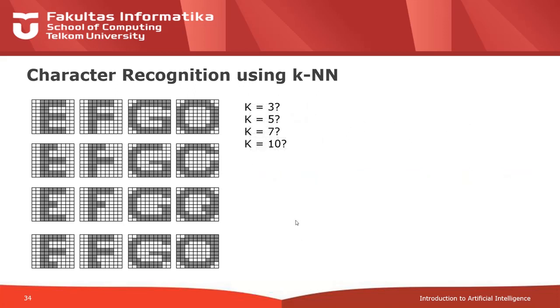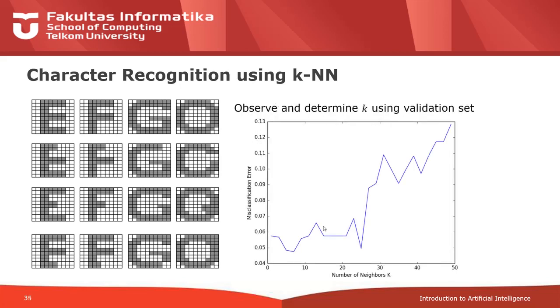So how do we choose the best K for K nearest neighbor? Now, how you choose that is using validation. So you do several experiments, and then you calculate the difference between the real classes and the predicted classes.